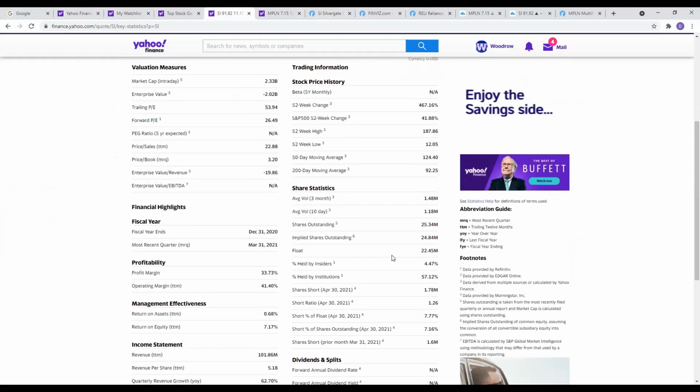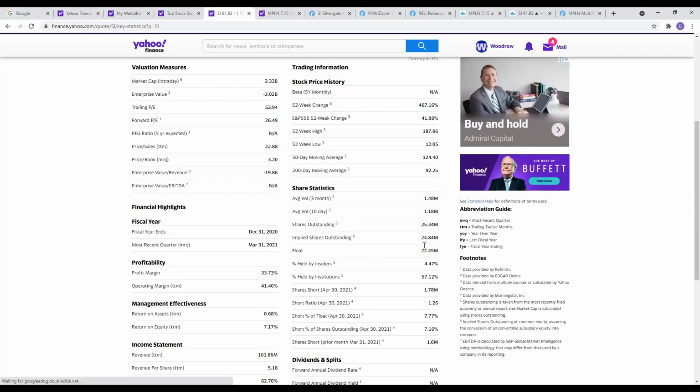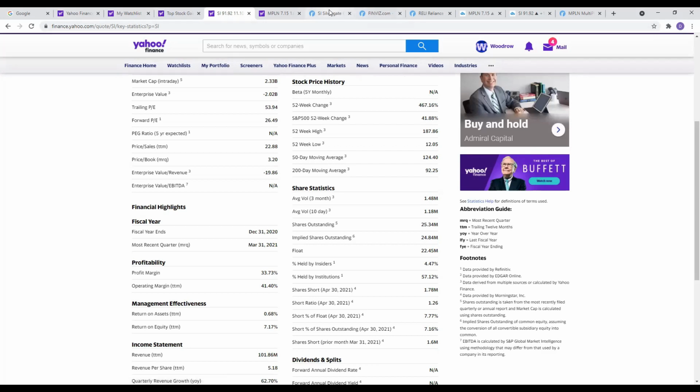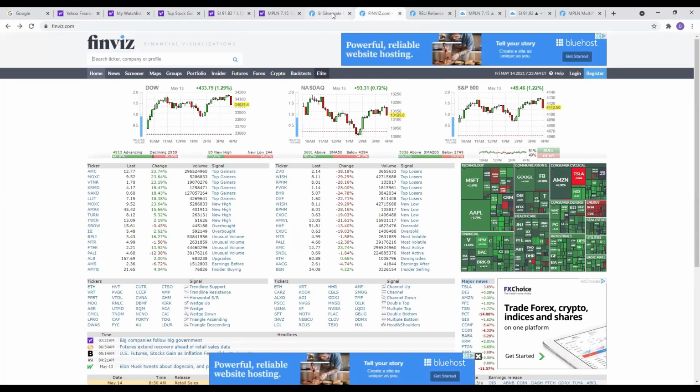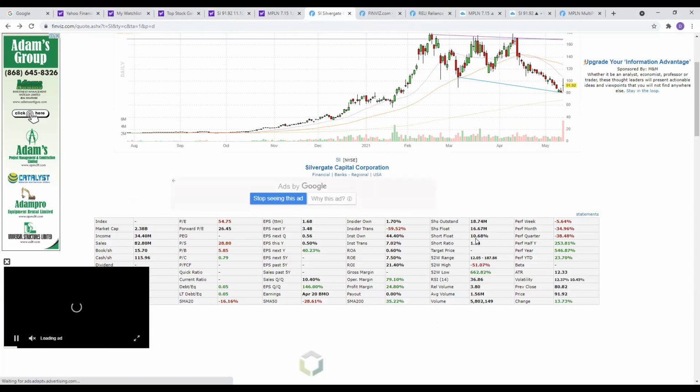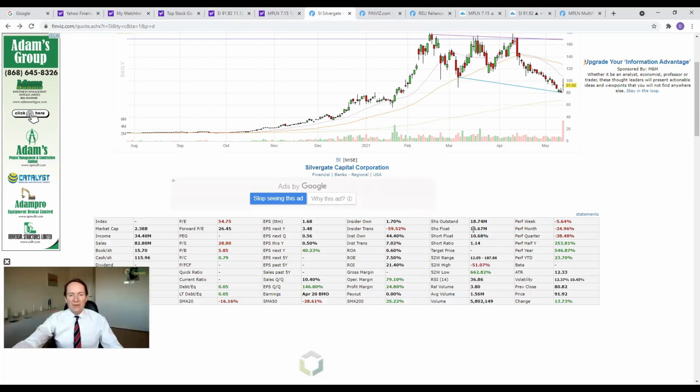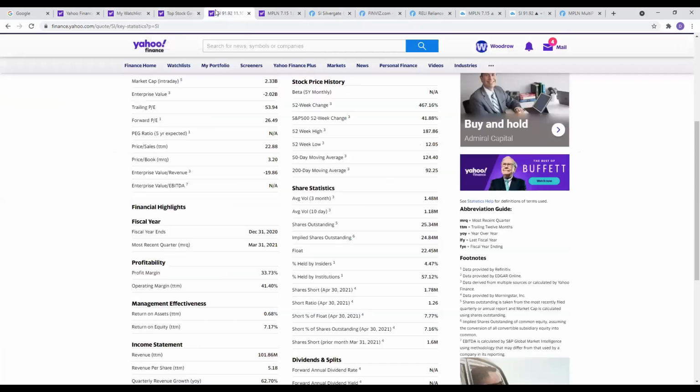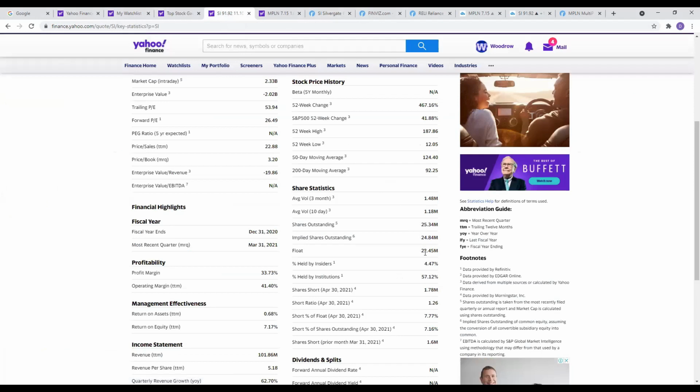Float. So we see inconsistencies between the float because the float here is 22 million, but when you go to Finviz, Finviz is telling us that the float is 60 million. So 60 million here versus 22 million here.